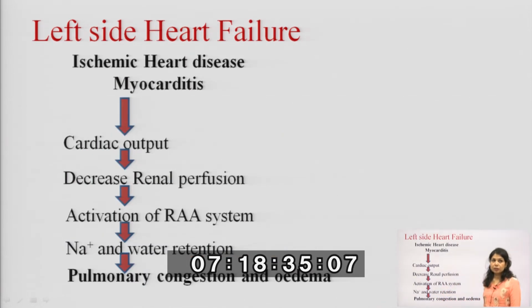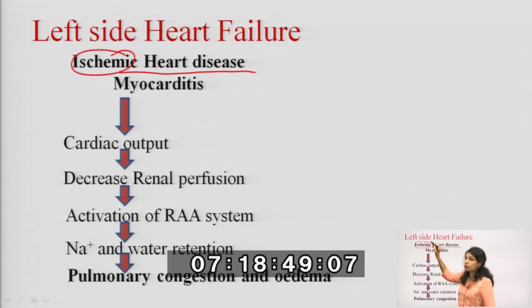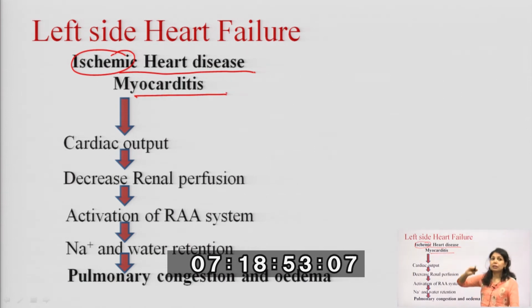Now, here it is explained how this left side heart failure takes place. See, the patient is suffering from ischemic heart disease. I have told you, ischemic heart disease is deficiency of the oxygen supply to the heart, or myocarditis, that is the inflammation of the myocardial layer.